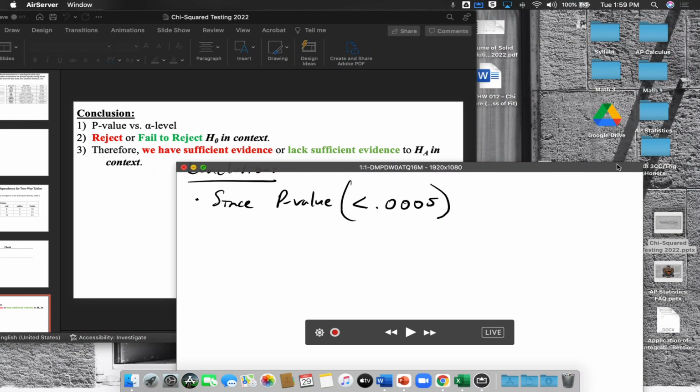Okay, since our p-value is less than, I would probably say is less than since I already used, I don't want to use double symbols. Is less than alpha, not a, alpha 0.05. Anytime the p-value is less than alpha, what do we do? We reject the null hypothesis. Okay.